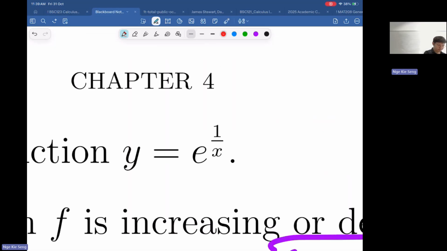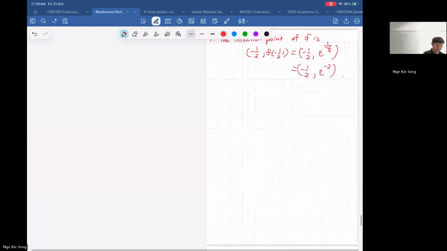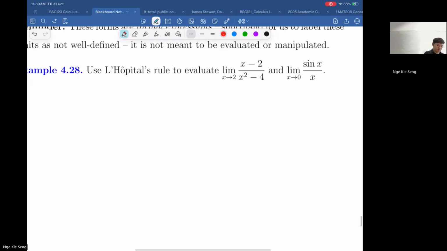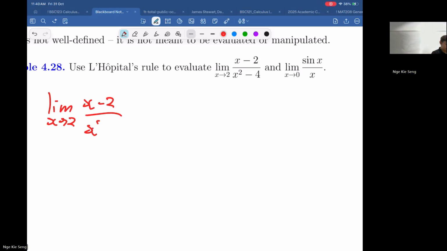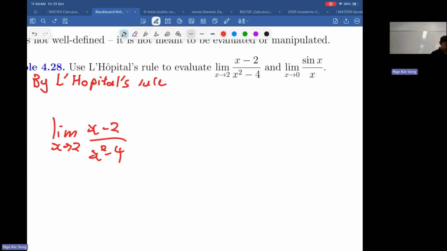Okay, so let's try. We want to use L'Hopital rule to evaluate these two limits here. So why do we use L'Hopital rule? If you look at the first one, by L'Hopital rule, what you observe here is you will get an intermediate form of 0 over 0.